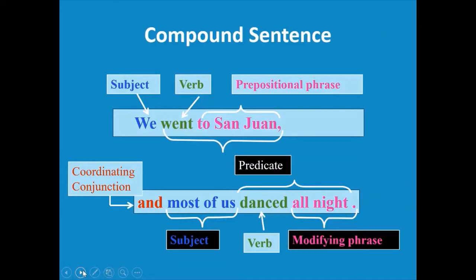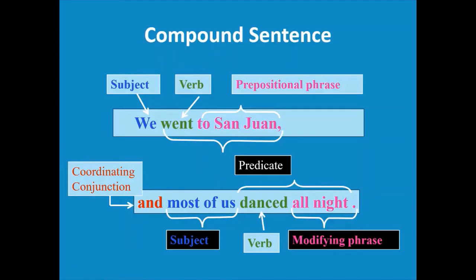And then below you can see, most of us danced all night. This is the second independent clause, and these two clauses are joined by a coordinating conjunction, and.